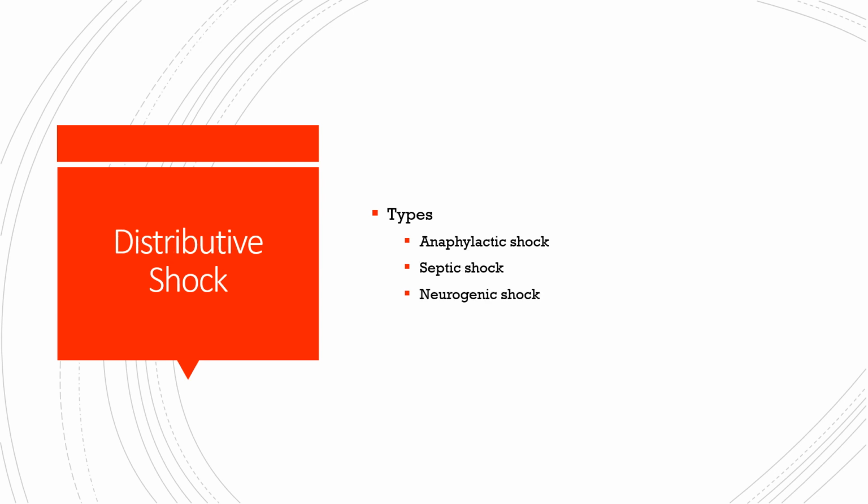Distributive shock occurs when peripheral vascular resistance is lost because of massive vasodilation. In hypovolemic shock, there is an actual loss of blood. But in distributive shock, there's no loss of fluid volume; rather, the body's fluid distribution is altered. There are 3 forms of distributive shock: anaphylactic, septic, and neurogenic.